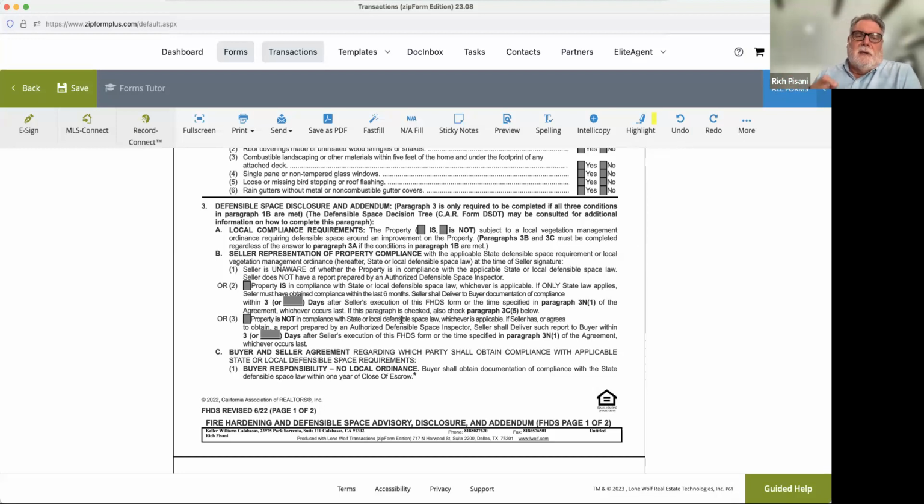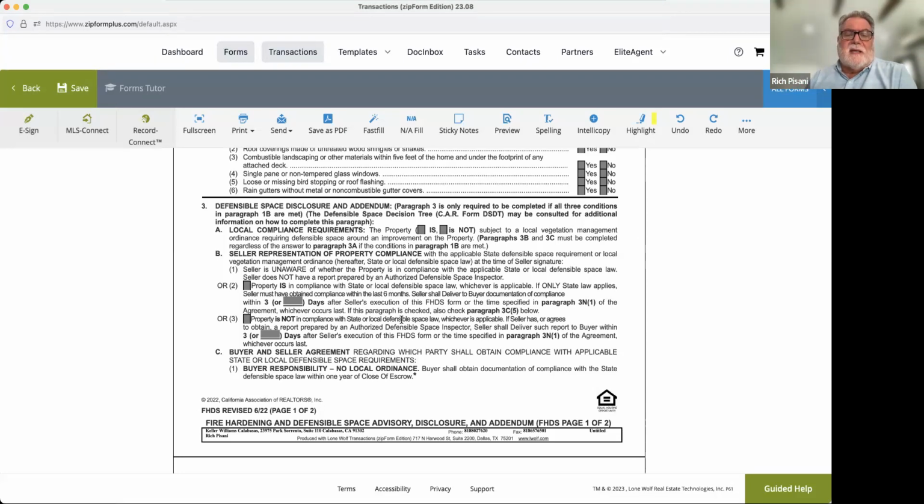So it defaults to seller is unaware of whether the property is in compliance with the state or local defensible space law, seller does not have a report prepared by the authorized defensible space inspector. Chances are the seller is never going to have a report. That's number one. So if they're unaware, if they're in compliance, then they just stop right there.